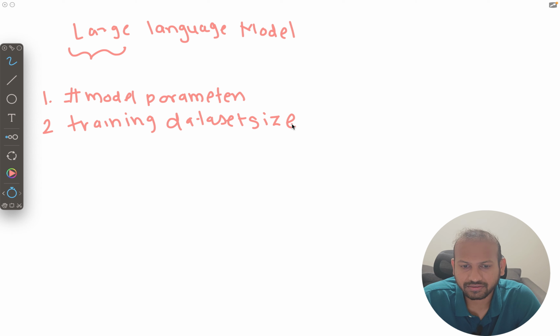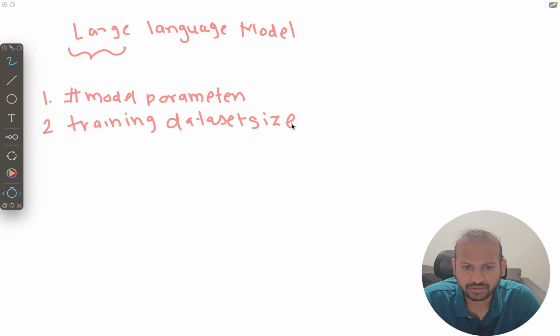The second factor is the training dataset. Typically, this training dataset consists of so many books, Wikipedia pages, social media posts, anything related to text, that will be part of the training dataset. And that's why these models are huge in terms of parameters and training dataset size.